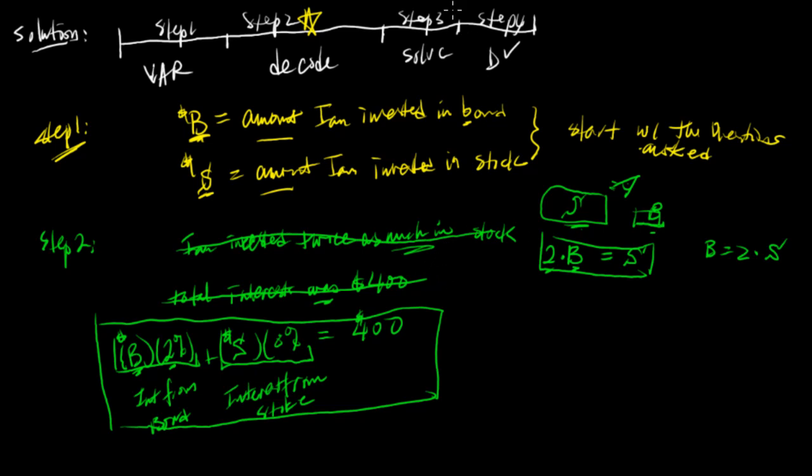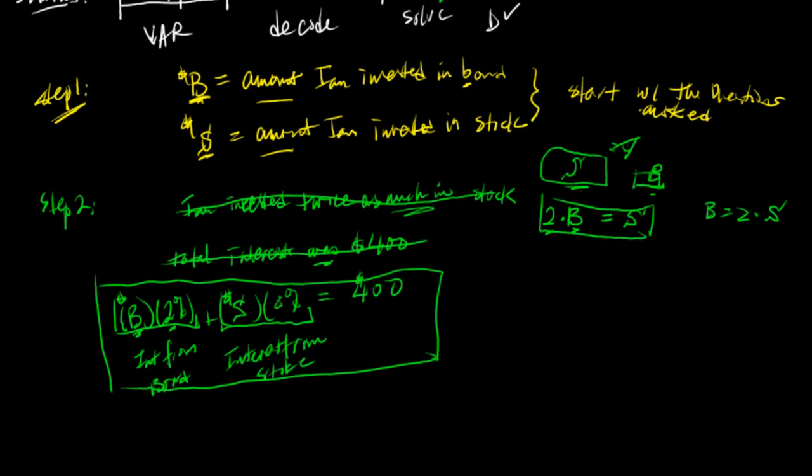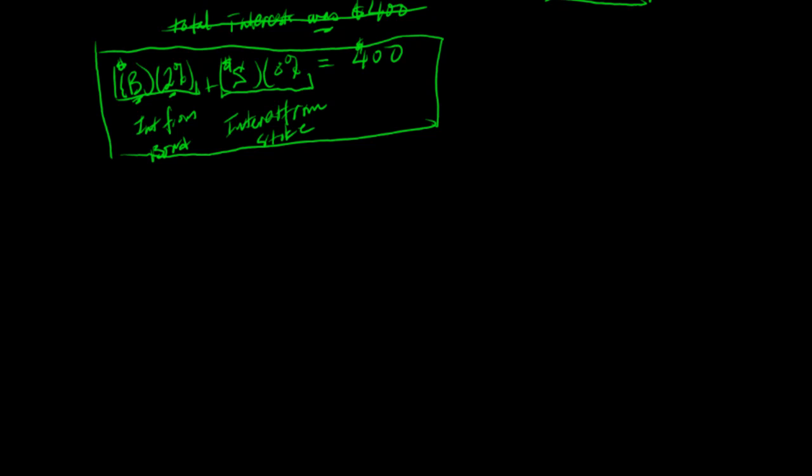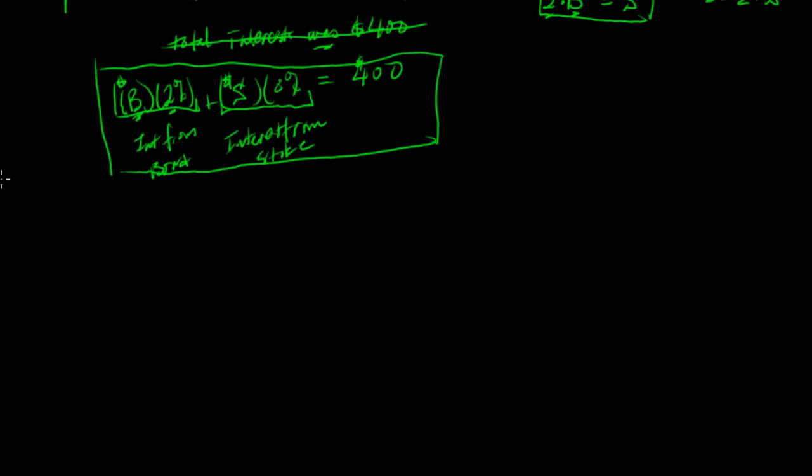Now on to step 3, which from here onward is really just simple arithmetic, almost pre-algebra, where we're solving 2 variables with 2 equations. From the look of the equations, it would make sense that we use substitution. So let me rewrite the equations we have.